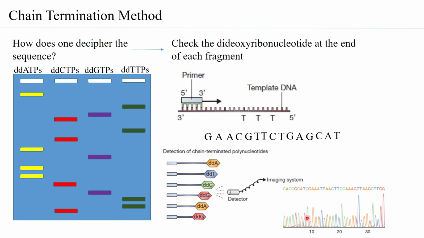One can see the peaks that are formed, and the peaks tell which dideoxynucleotide is present, and based on that you can get the sequence in the automated sequencer. So this is how the chain termination method has enabled one to decipher the sequence of the DNA.